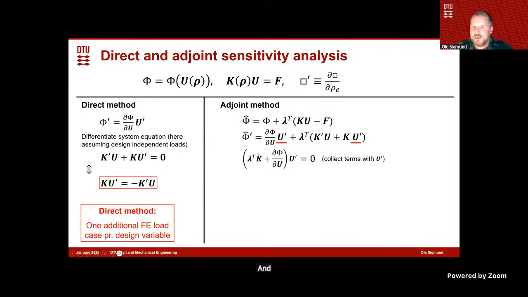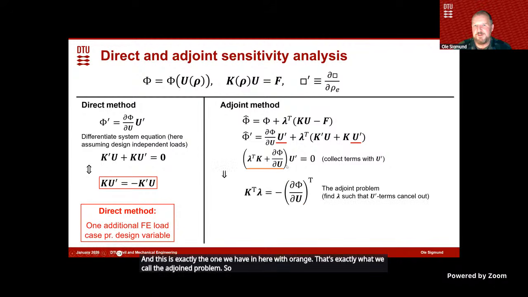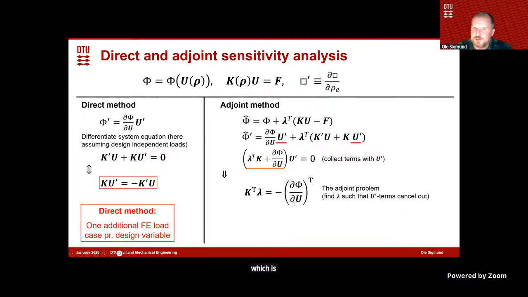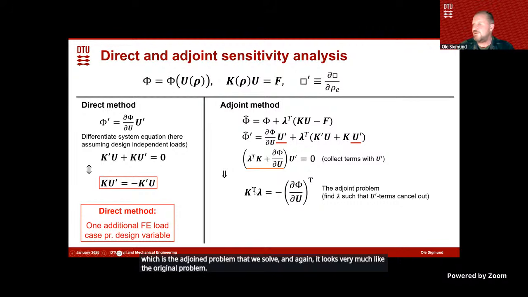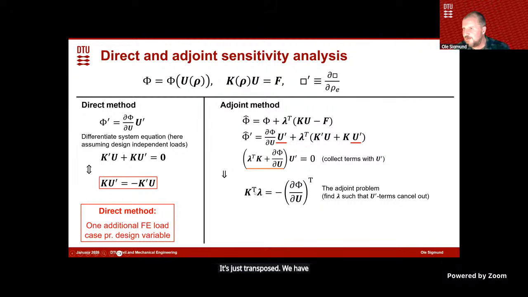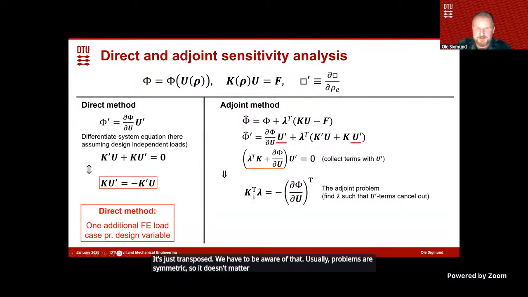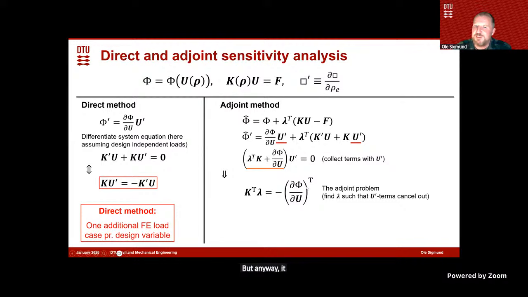And this is exactly the one we have in here with orange. That's exactly what we call the adjoint problem. So if we reorganize, we get this, which is the adjoint problem that we solve. And again, it looks very much like the original problem. It's just transposed. We have to be aware of that. Usually problems are symmetric, so it doesn't matter, but we have to be aware of it if we have an unsymmetric problem. But anyway, it means that we just have to solve one extra right-hand side.